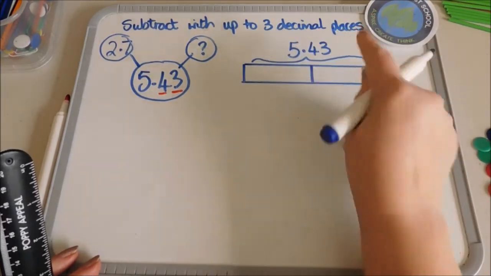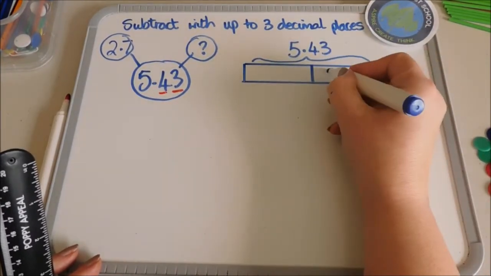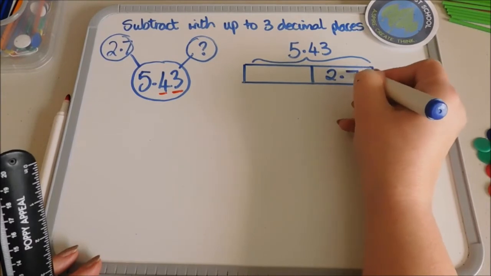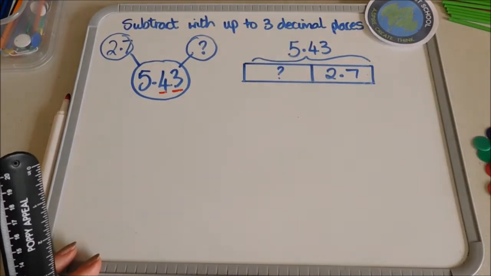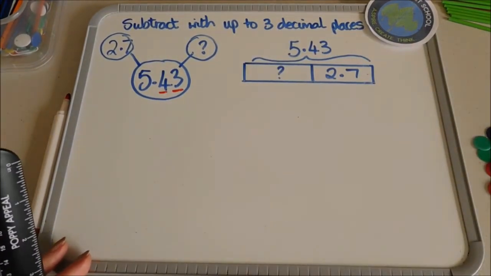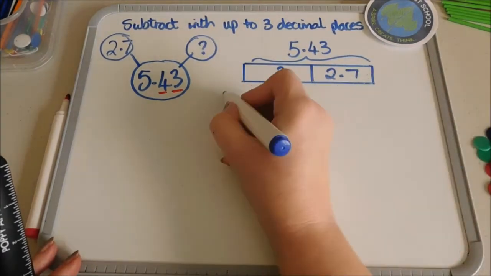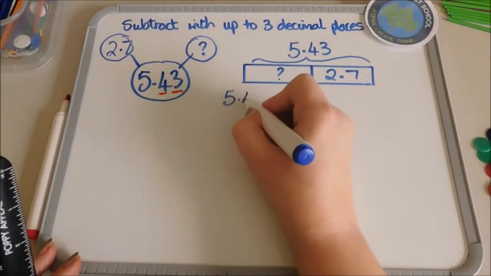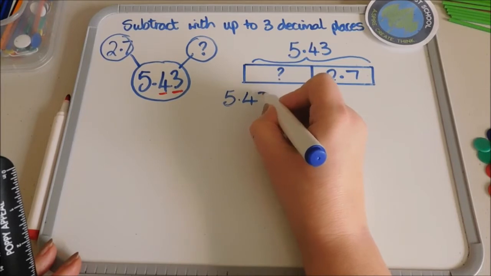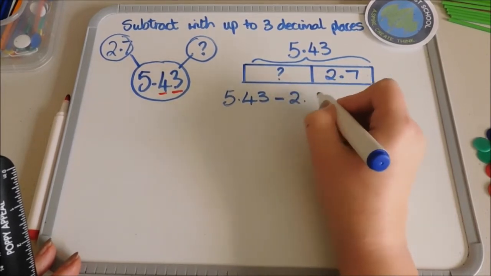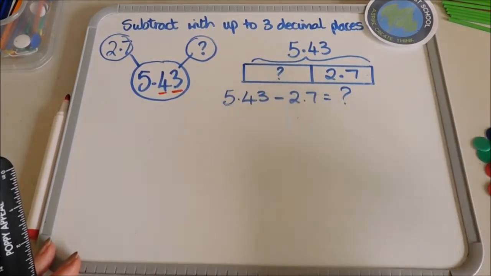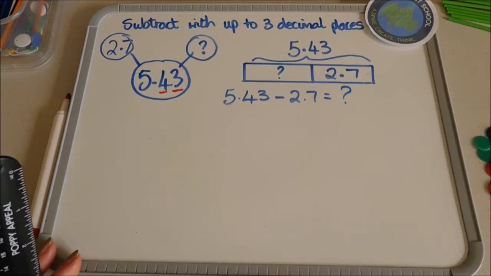With this part or this part, doesn't matter which way around it is, showing as 2.7, and we don't know what the other part is. Okay, equally they might just be shown a number sentence, 5.43 subtract 2.7 equals, equally we don't know.